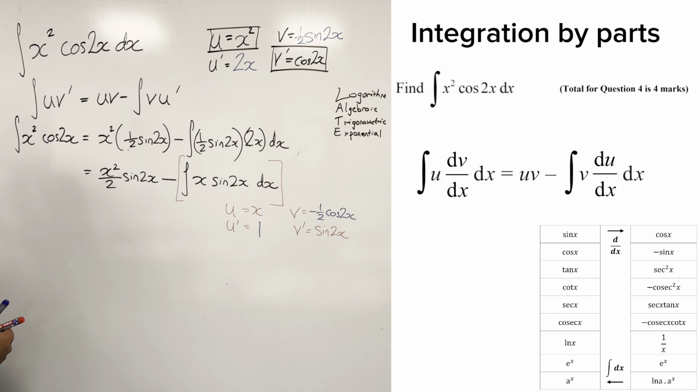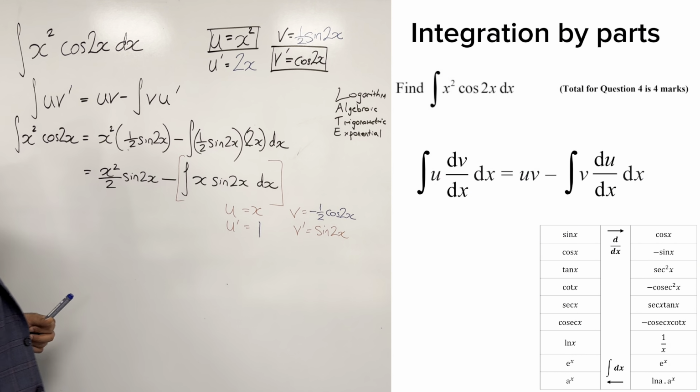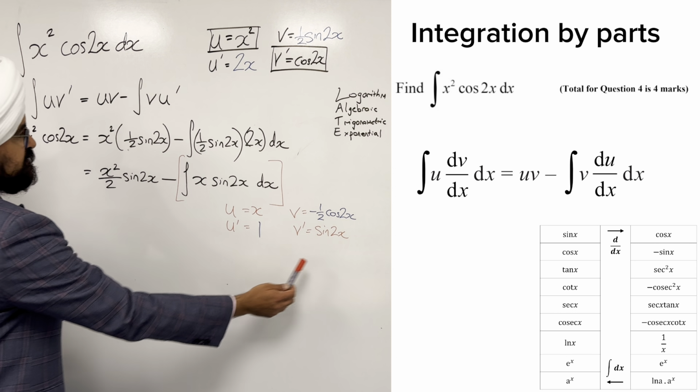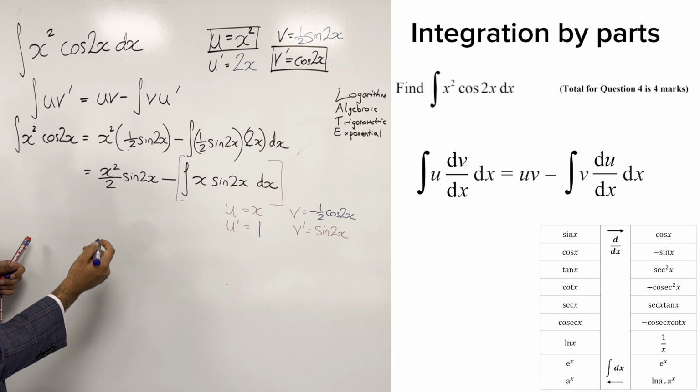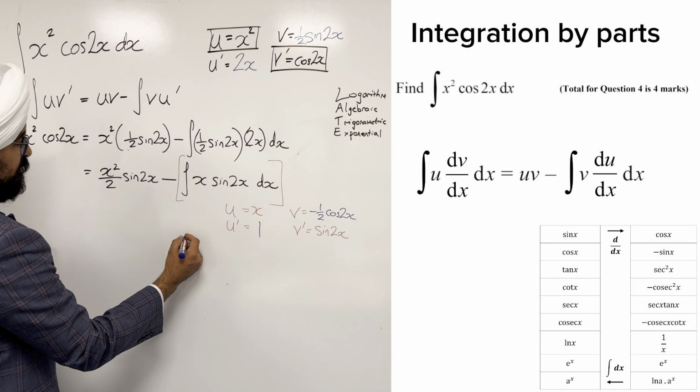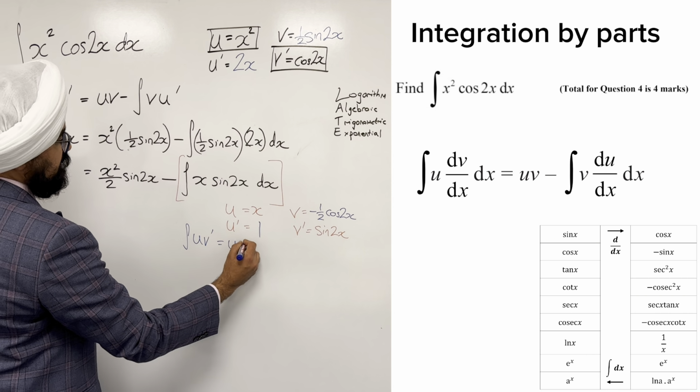So therefore you have minus half cos 2x as the integral of sine 2x. Now from this stage, I will again substitute all of these into my integration by parts formula. And in an exam, if I was you, I would actually write down the formula again, just to make sure you're not making any silly mistakes.